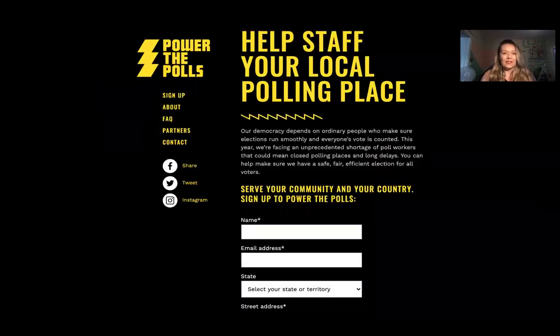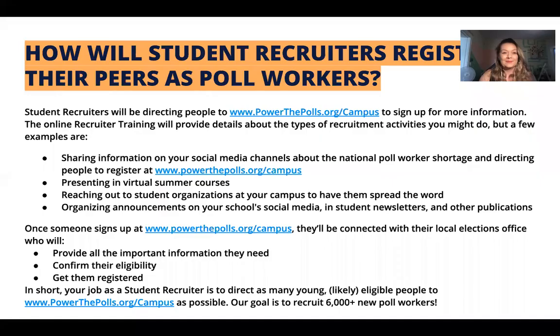This is a really quick screenshot of the Power the Polls website, where our student recruiters are going to be sending their friends, family, and classmates who are interested in helping and stepping up. So it's a really quick sign-up form for folks who are interested in becoming poll workers. Now for the question of how this is going to work.